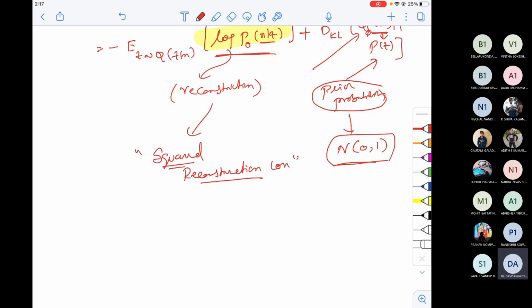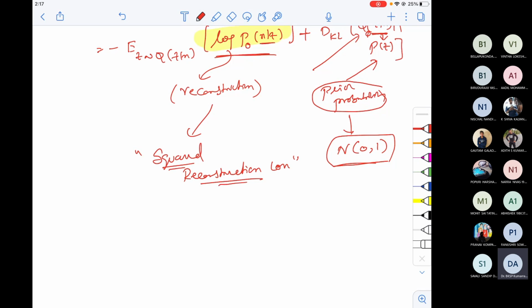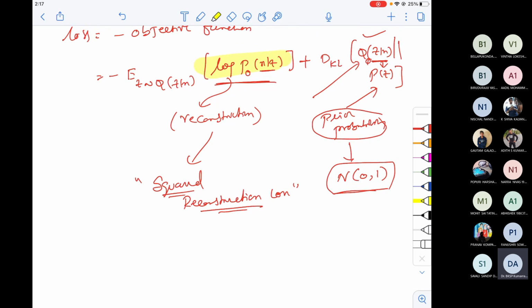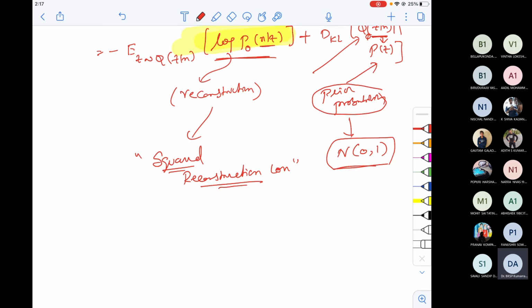So what do I mean by squared, or why is it called squared reconstruction loss? I assumed that this particular term follows a normal distribution. You already know, guys, the probability density function for a normal distribution, you know this formula from your 9th or 10th class, and even in your ADA courses and other courses we have seen this.